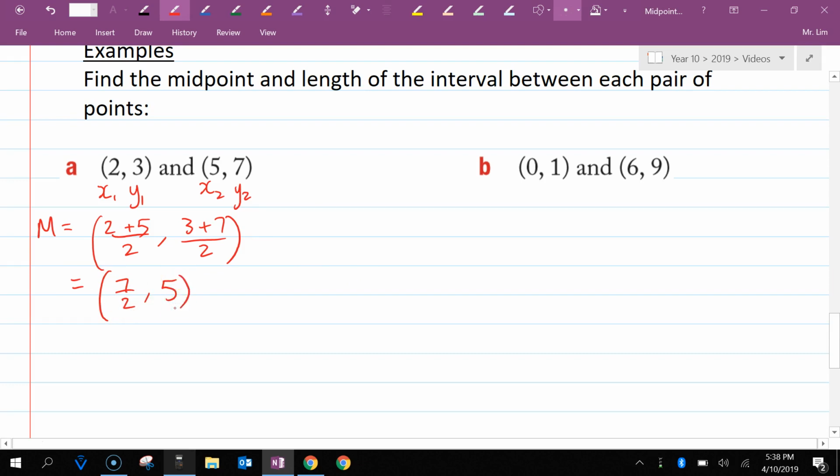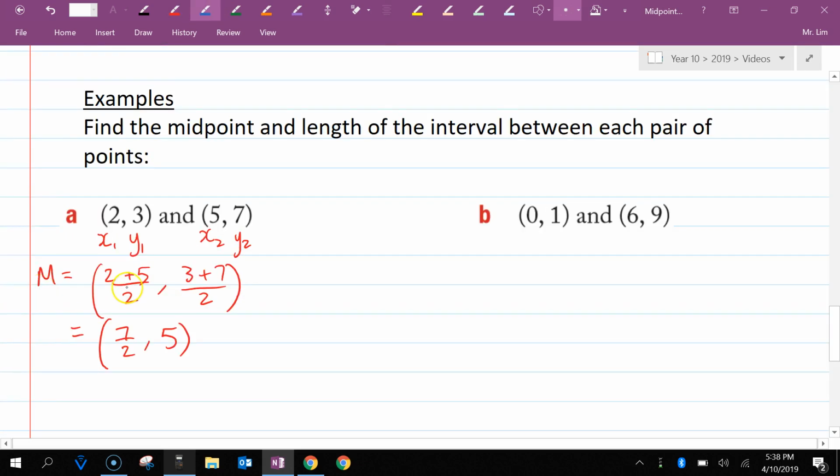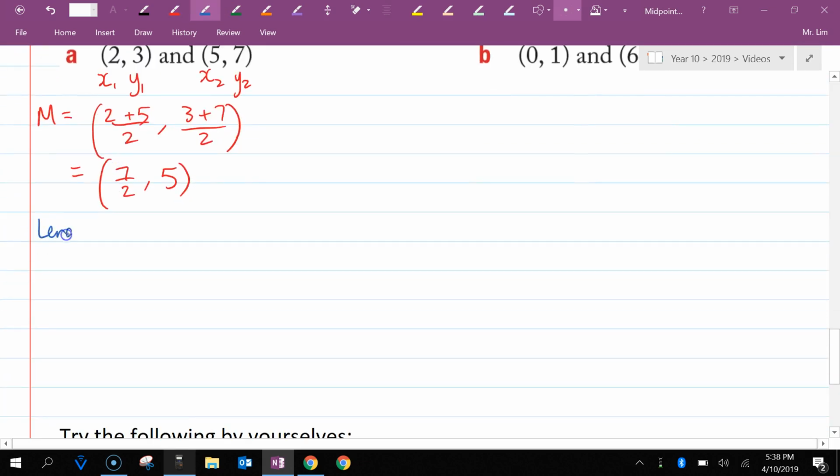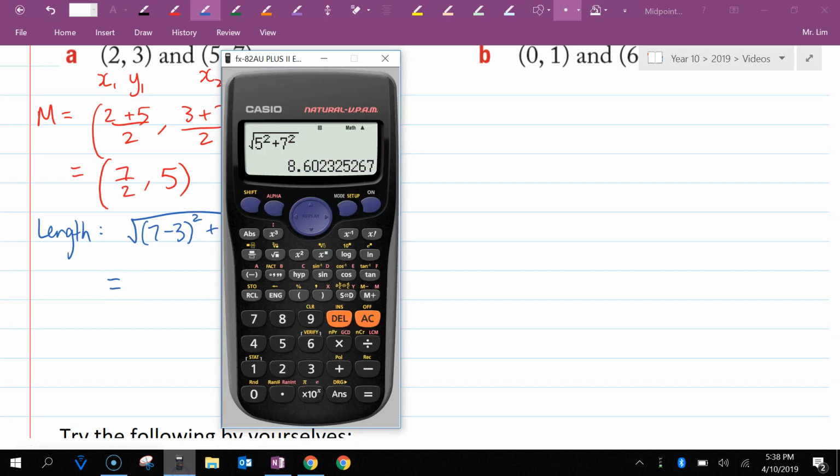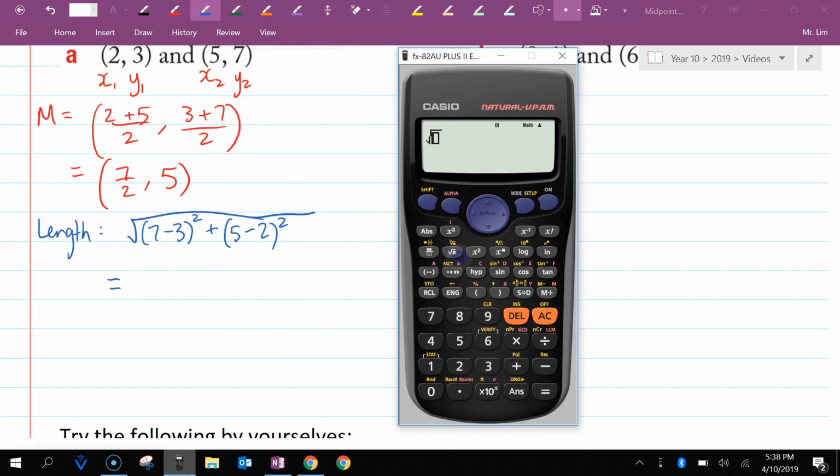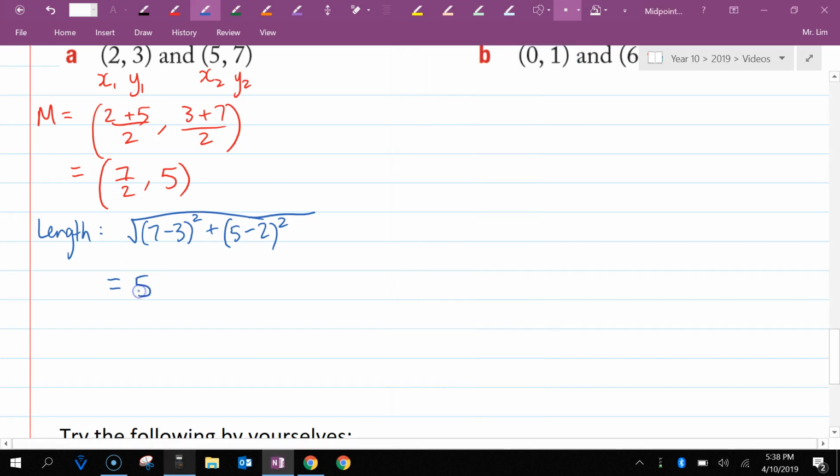That's the midpoint. To find the length, the length is equal to the square root of y2 minus y1 squared plus x2 minus x1 squared. Let's see what we get when we put this in our calculator. Five. So the length of that line interval is 5.